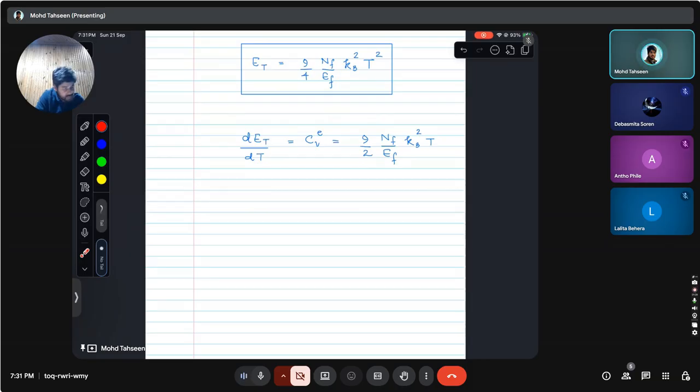Okay, and one more thing that we can define is, put k_B T_F equal to E_F. Put this E_F, which is the Fermi energy, we express it in terms of a temperature, and this T_F is called the Fermi temperature.